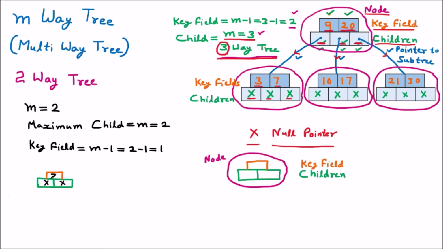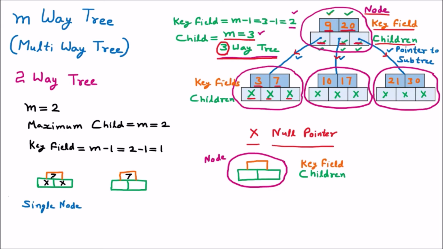Now I'm taking one more case, where we have a two-way tree with only one child. We know the criteria, that a maximum of 2 children can be there. So we have created the 2 boxes for the children, and a maximum of 1 key field can be there, so I have created 1 key field. Let us suppose this key field has the value 7.